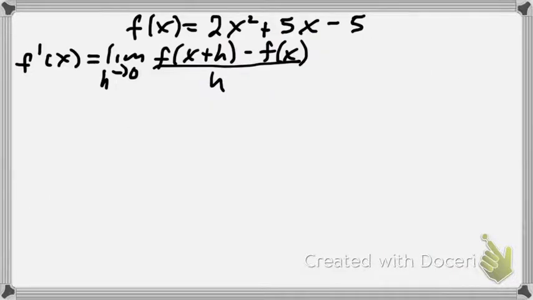Okay, number 2, f of x equals 2x squared plus 5x minus 5. This one's going to entail a little bit more work. Alright, first step, write down your definition. And then the next step is to take x plus h, plug it in everywhere you see x.